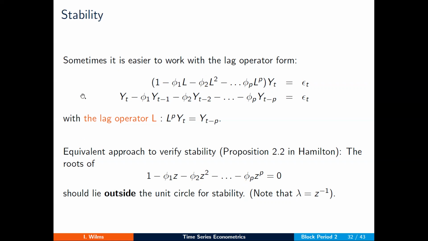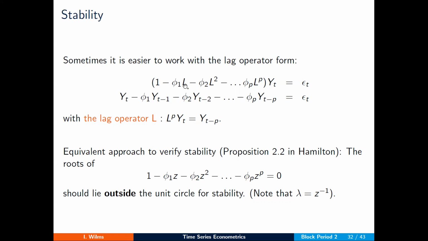This alternative way of checking stability starts from writing the AR model in lag operator notation, where we make use of the lag operator L, which operates on a time series and returns another time series, namely its lagged version. The lag operator is defined formally over here.